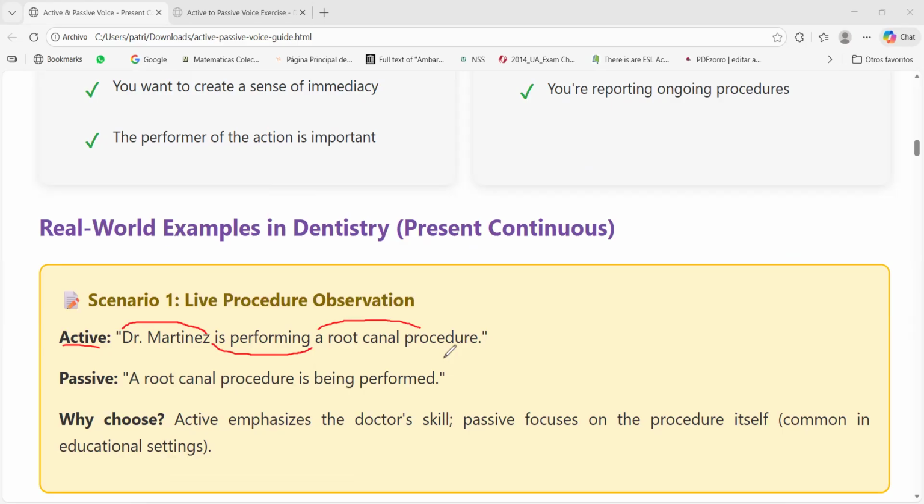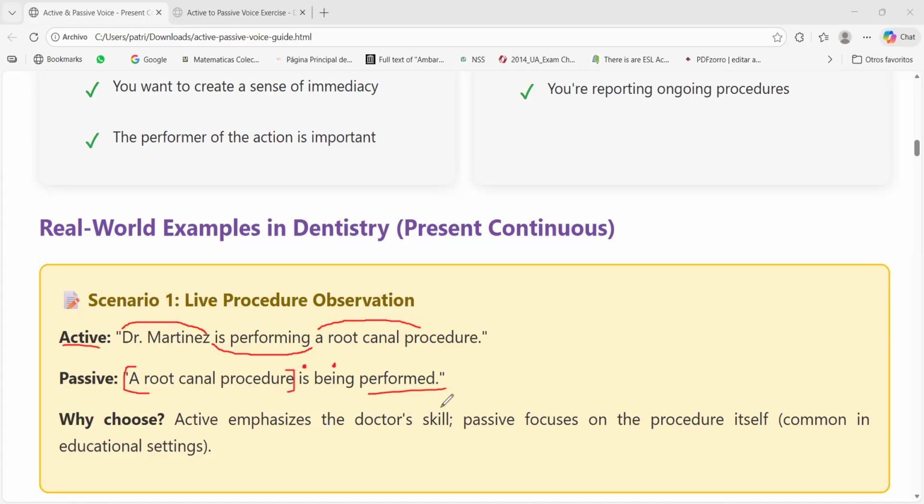However, I need emphasis on a root canal procedure. And then, because it is in progress, is being, be plus ing, performed.